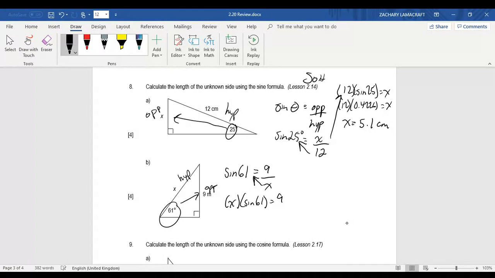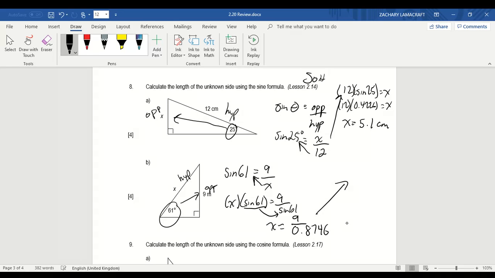But once again, we know we need x by itself. And since it's multiplication, when we bring it to the other side, it becomes division. And then in this case, we'd have 9 divided by sine 61, or 61 sine, in this case 0.8746.